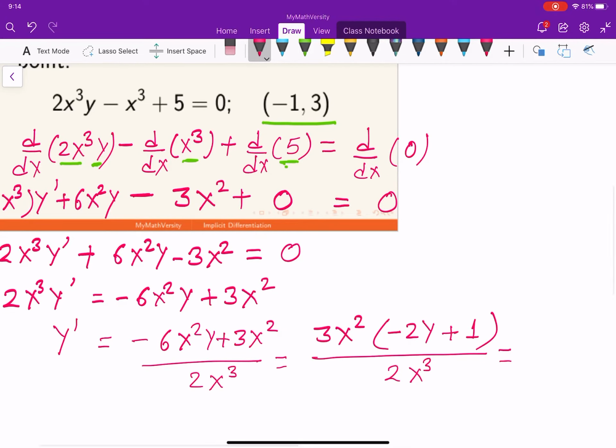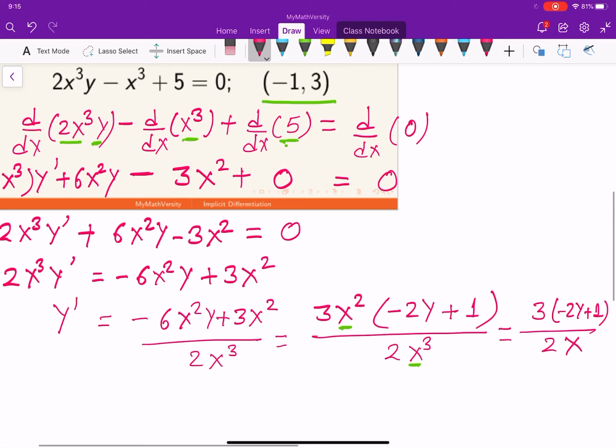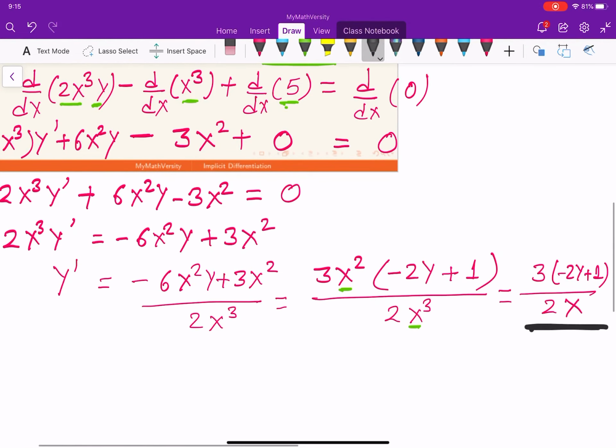At the top we have 3 times negative 2y plus 1 times x squared, and at the bottom we have 2x cubed. When we cancel the common factor, we are left with just x in the denominator, or you can use exponents, however you want to explain it. This is your y prime. Okay, so we found y prime.